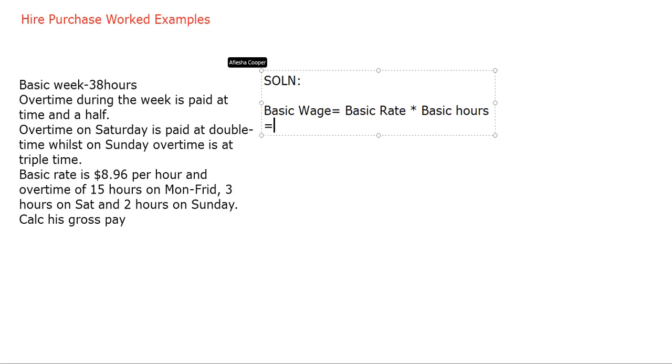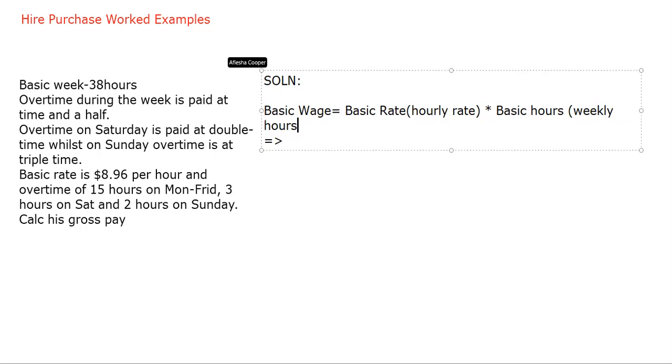What is his basic rate? His basic rate is his hourly rate. So we should learn these terms. And his basic hours are his weekly hours, how much he works for the whole entire week, right?